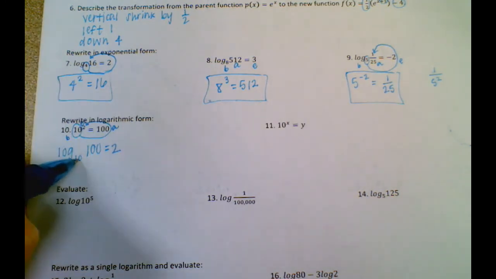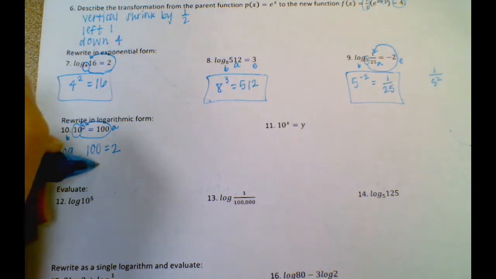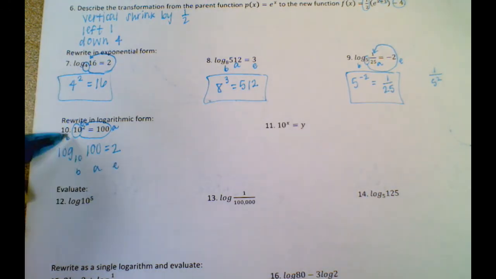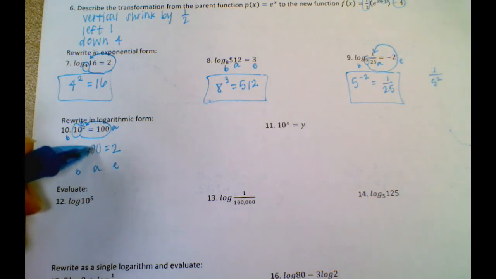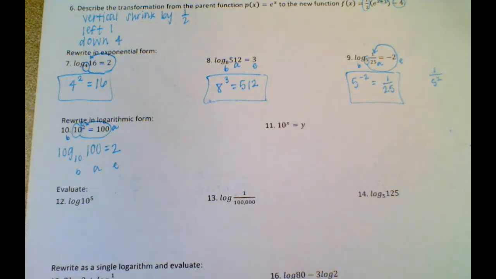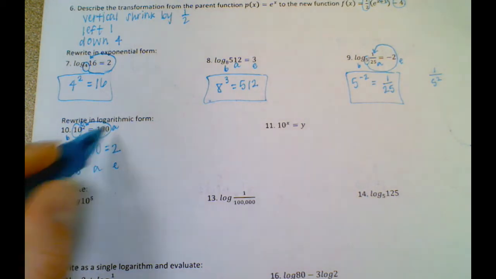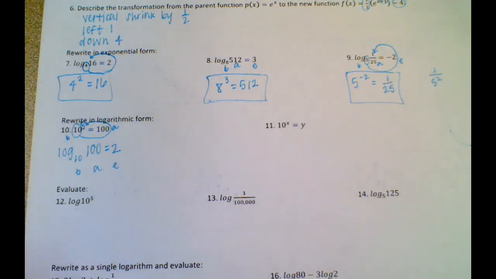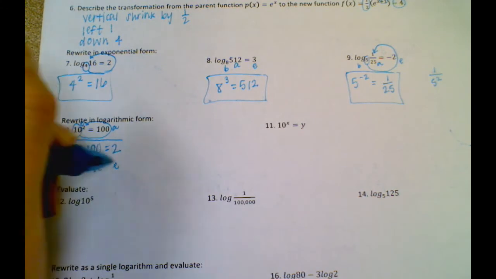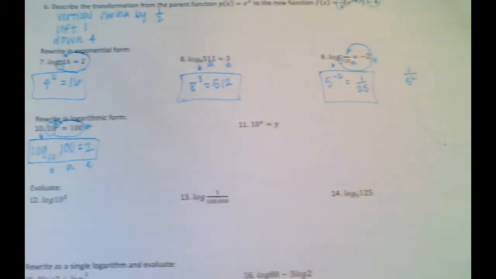So here's my base. Well, now it has to spell Bay, right? So there's the base, there's the answer, and there's the exponent, or there's the E. So B was 10, A was 100, E was 2. So again, it does not matter which method you do as long as you get there.